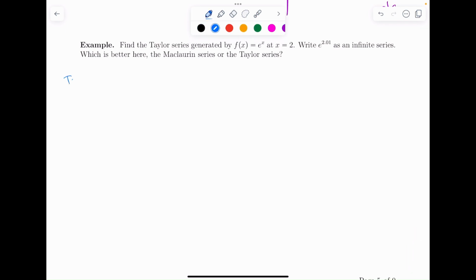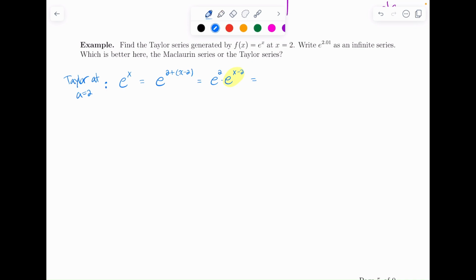If I want to find a Taylor expansion at a equals 2, all I have to do is take e to the x. Within the function, near the variable, I have to add and subtract 2. Properties of exponents says this is e squared times e to the x minus 2. And now this series has as its inside x minus 2.